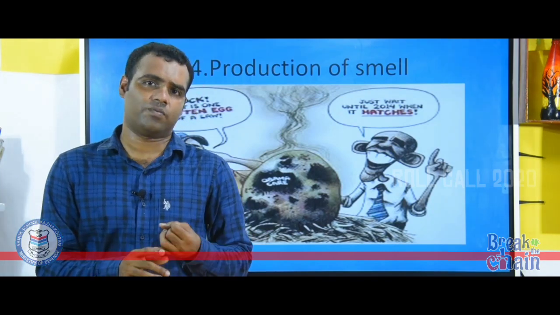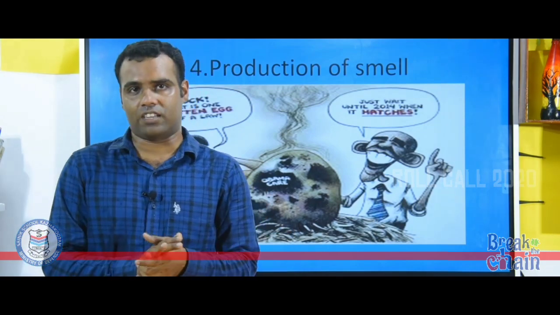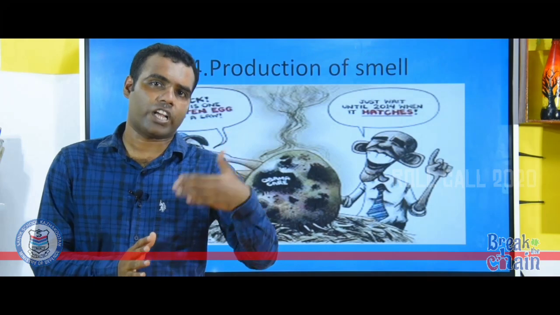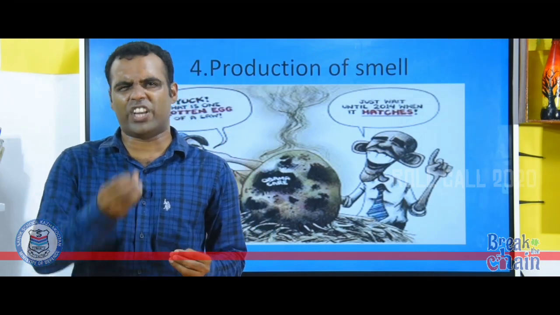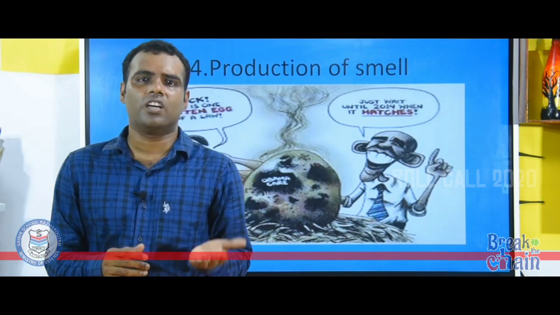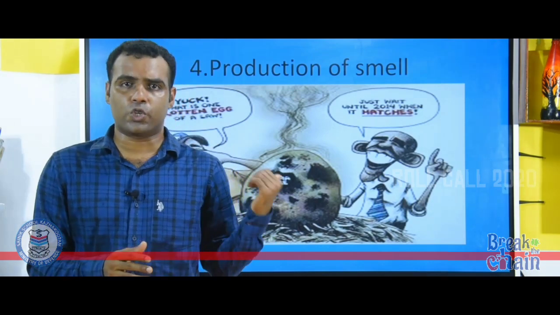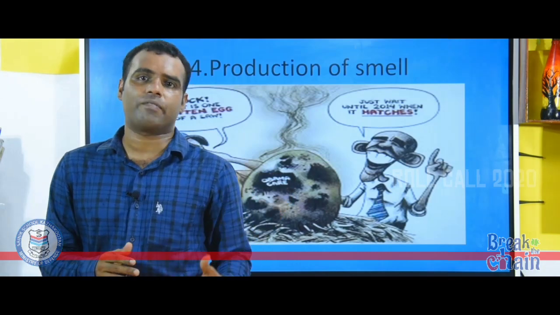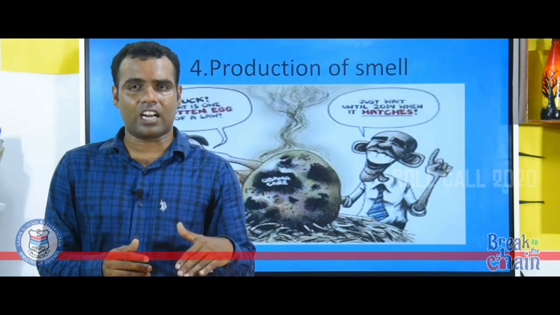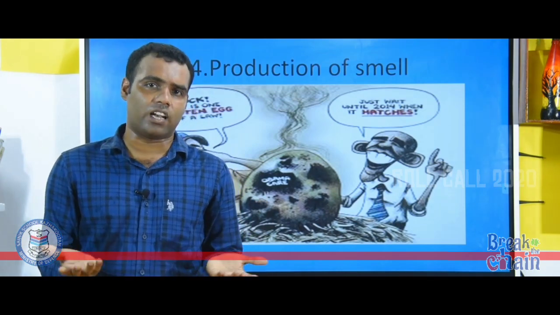Another example: a normal egg and a rotten egg. After rotting of the egg, you could observe a very foul smell. It is also due to the formation of a gas called hydrogen sulfide. So, sometimes during evolution of gases, the gas may have a characteristic smell or color, or sometimes there may not be any color or smell.